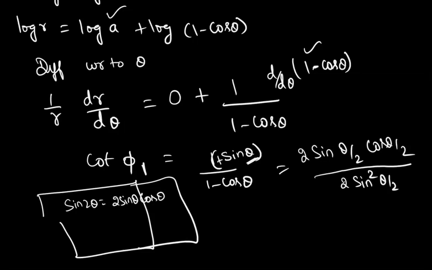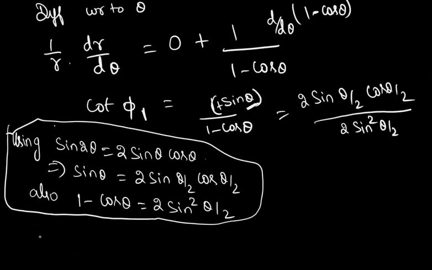Okay, and what is the other formula? I have written both the formulas. Sin 2 theta is 2 sin theta cos theta. So in the place of 2 theta we have theta, so here theta by 2, theta by 2. Similarly, 1 minus cos theta is 2 sin square theta by 2.